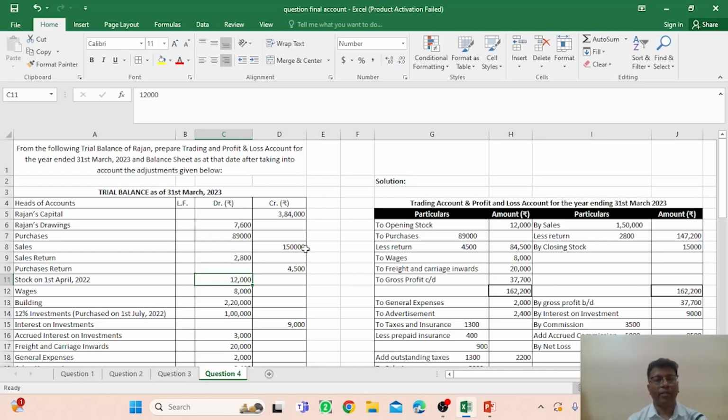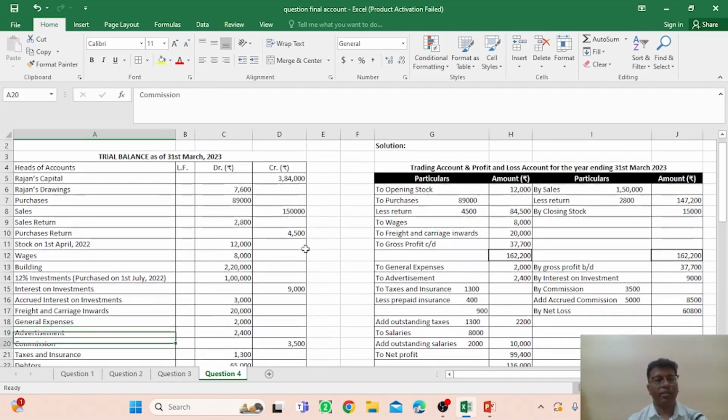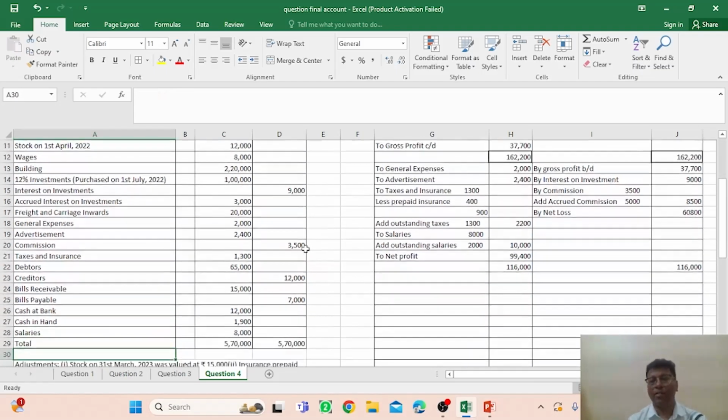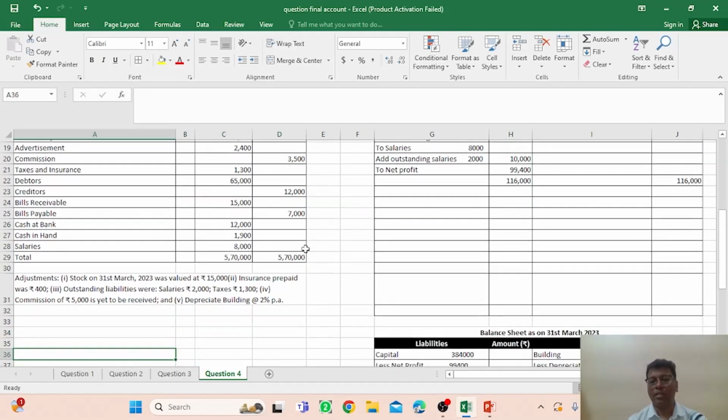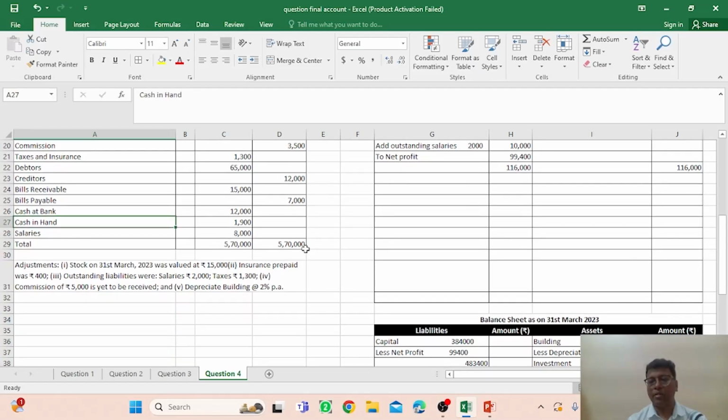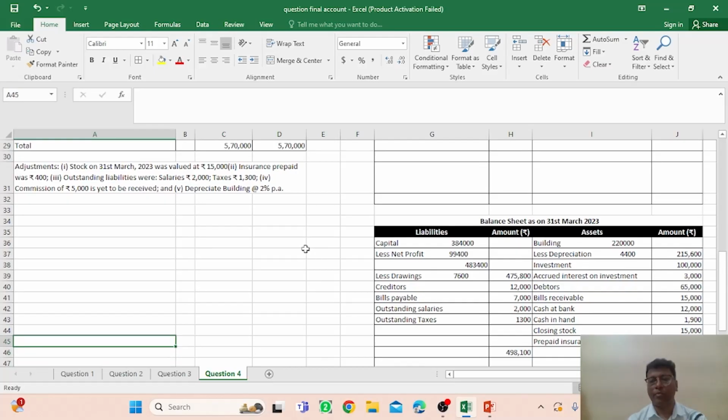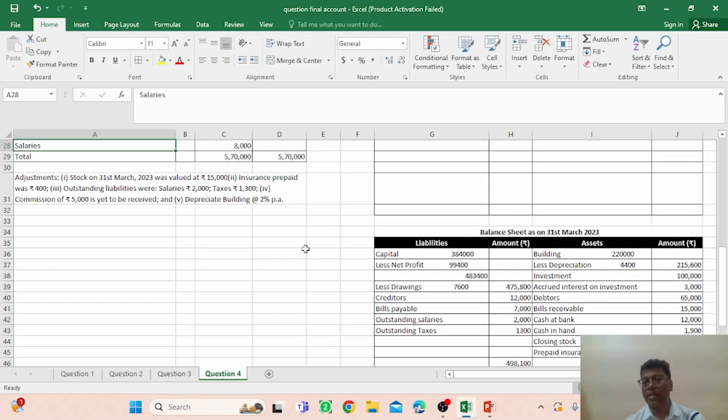And you find the figure 84,500. And the stock was 12,000, and wages 8,000. Freight is given to you, and you have to mention the freight, 20,000. The building is given as 2,20,000, and investment rupees 1 lakh.